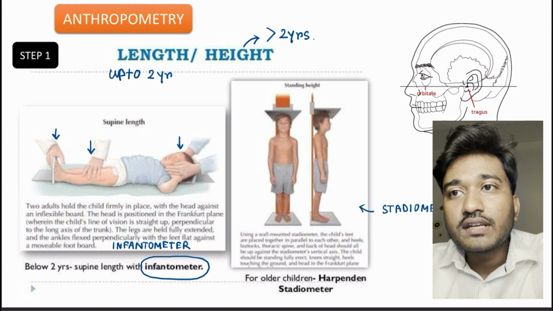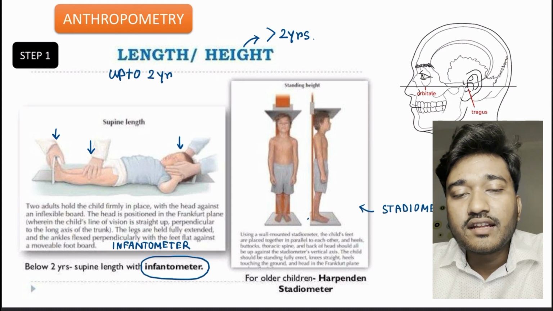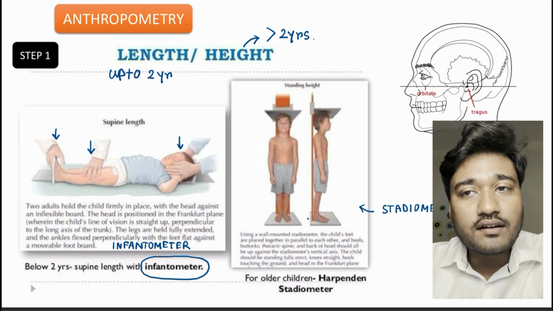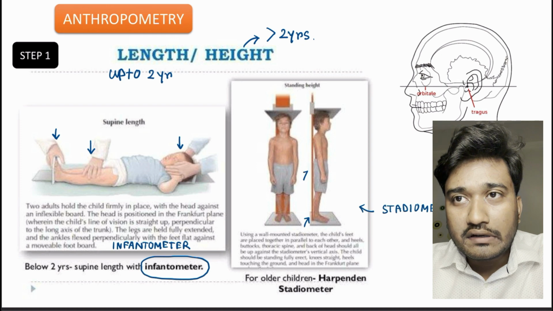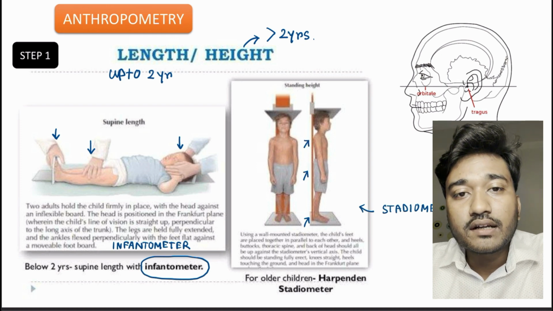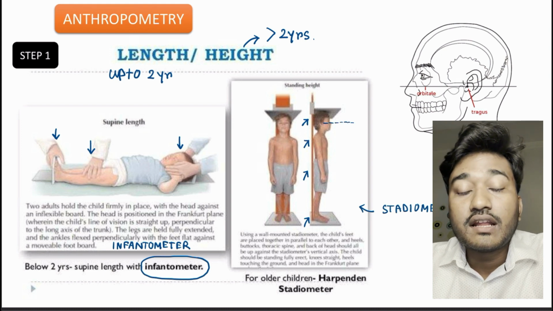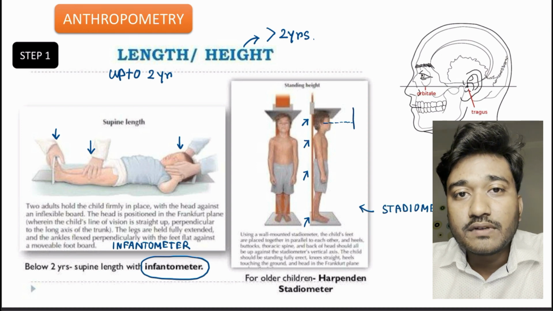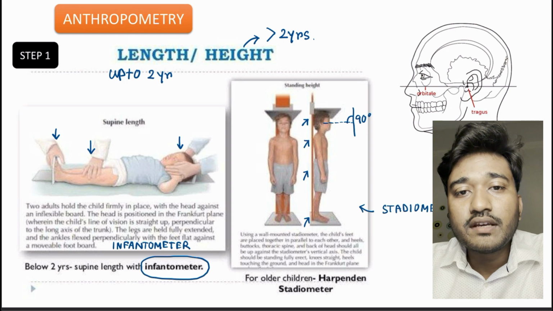In case of height measurement, the child should be standing against a wall, and the back side of the foot should be touching the wall, as well as the buttock, the scapula, and the back side of the occiput, and the child must be looking straight. That is, the Frankfurt's plane should be parallel.